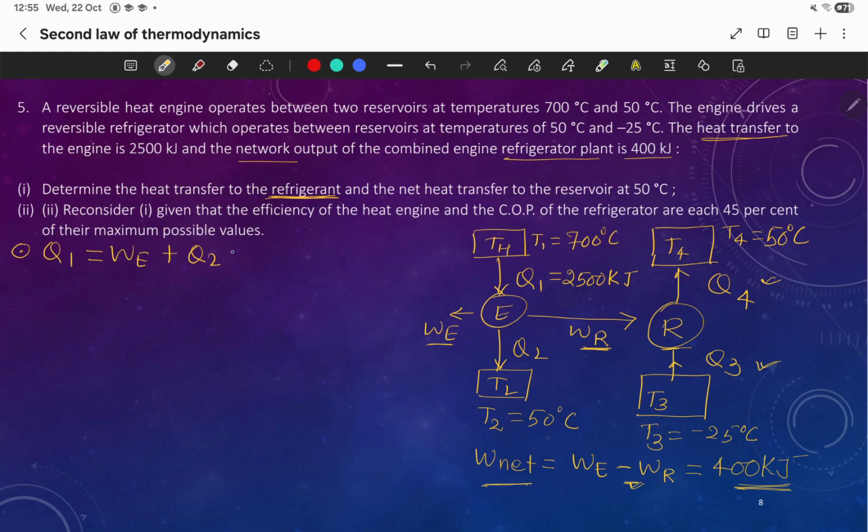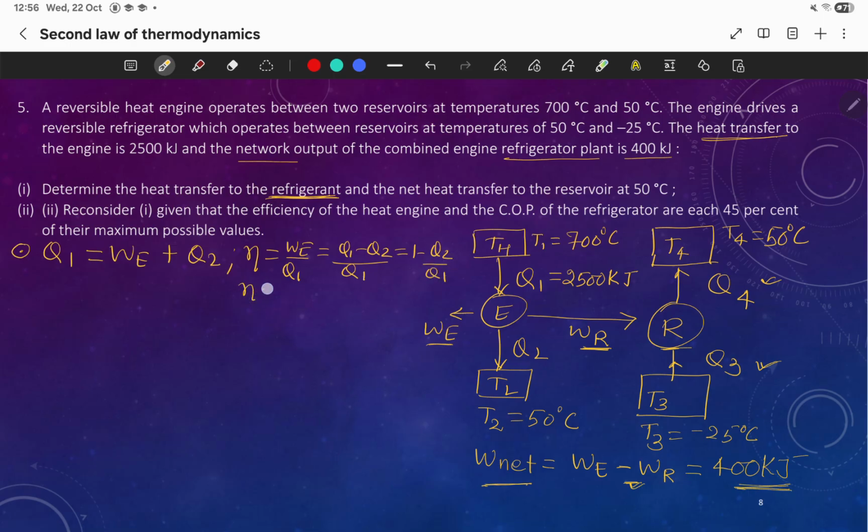Okay, so the efficiency for this heat engine will be eta equals WE upon Q1, and WE will be Q1 minus Q2 upon Q1. For a reversible engine we can write this as 1 minus Q2 by Q1.